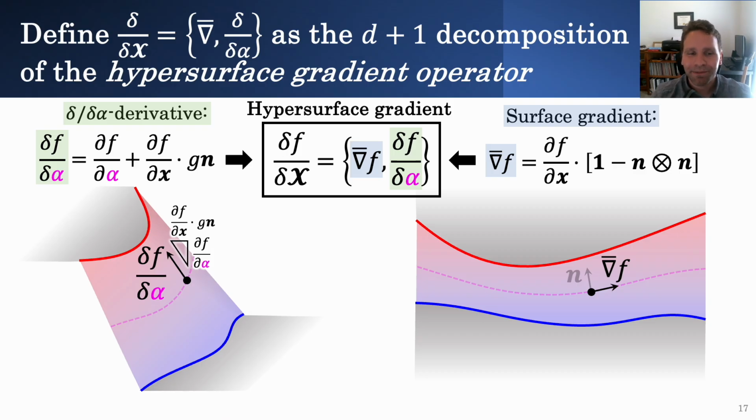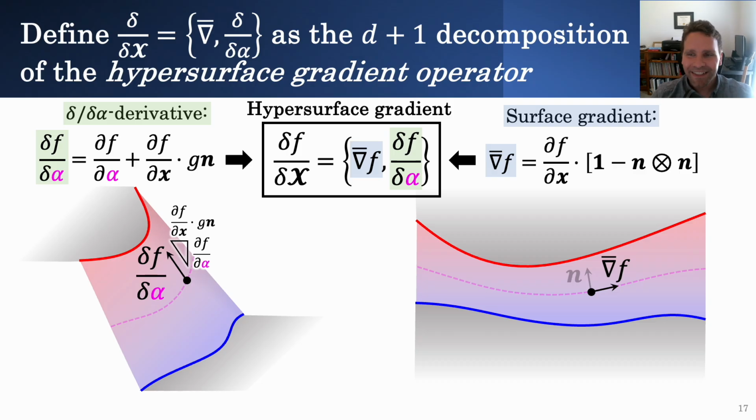But the thing I'll point out on this slide is that the delta alpha derivative of a field f bears some similarities to a total derivative or a material derivative, in the sense that it involves not just a partial derivative of f with respect to alpha, but some additional term that involves the partial derivative of f with respect to x, dotted with the delta alpha derivative of x.